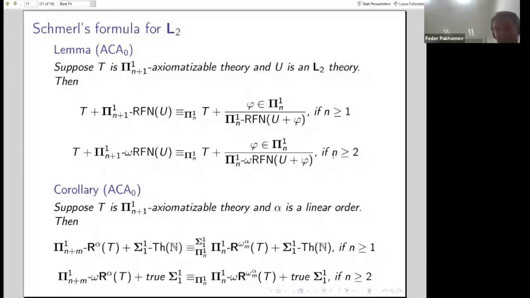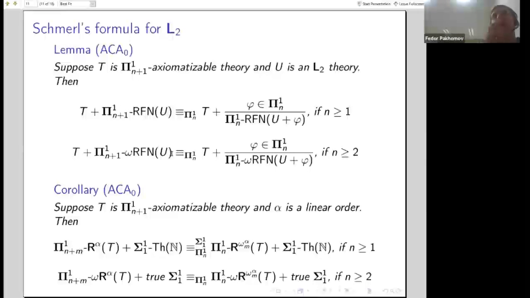The point is that Π11 omega model reflection doesn't really make sense, and it's the same thing as Π12 omega model reflection. Because of this it wouldn't work.